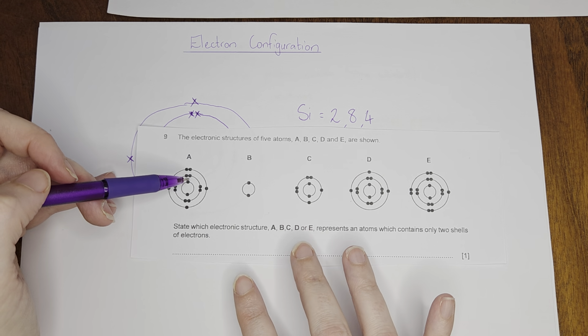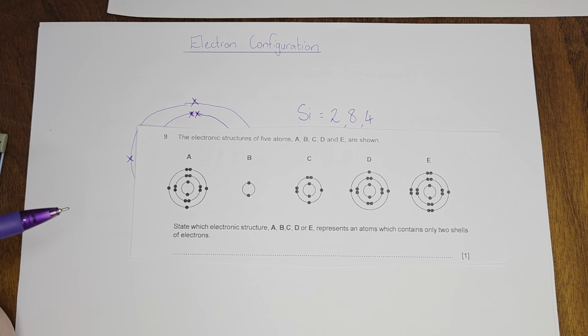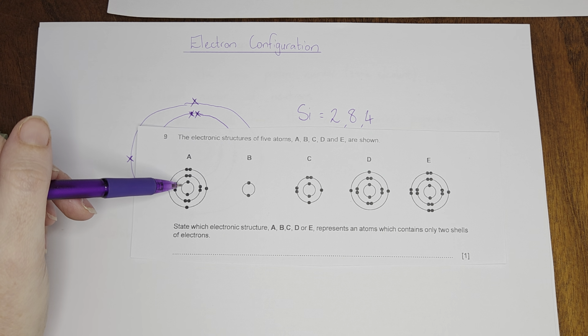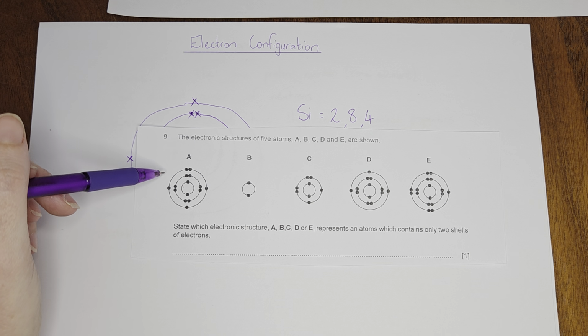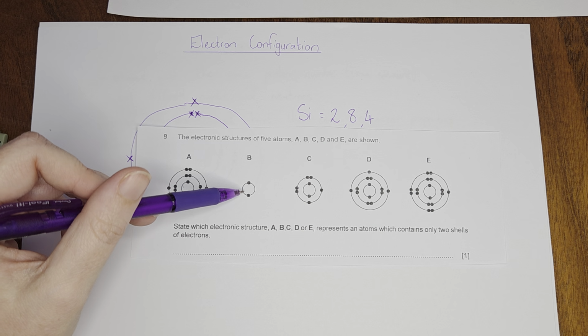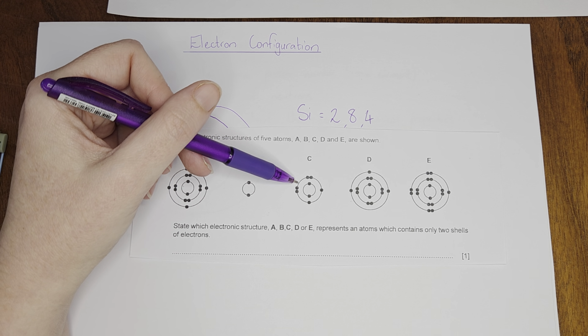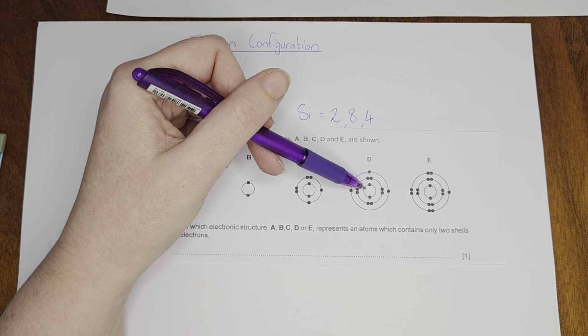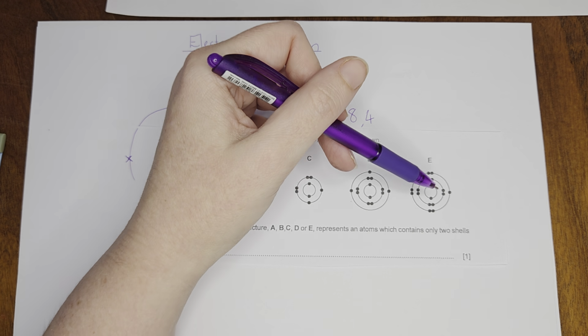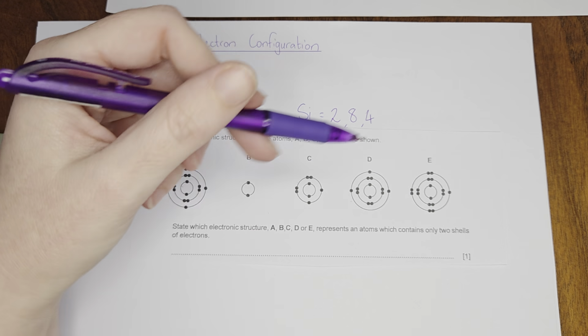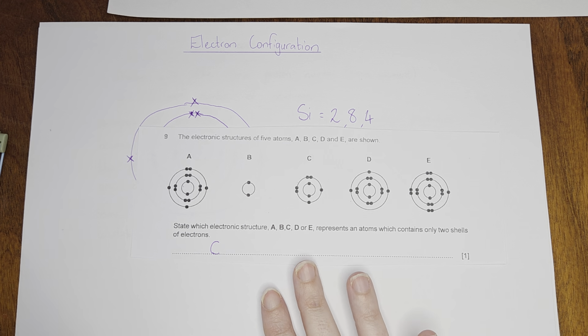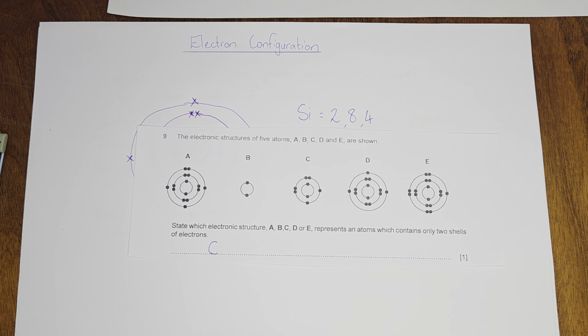So 2 shells would be 2 circles that contain our electrons. This one, for example, has 1, 2, 3. That one has 1. This one has 1 and 2, so that's what we're looking for. Then this one's got 1, 2, 3, and 1, 2, 3. So our answer would be C, because that's the only one with 2 rings.